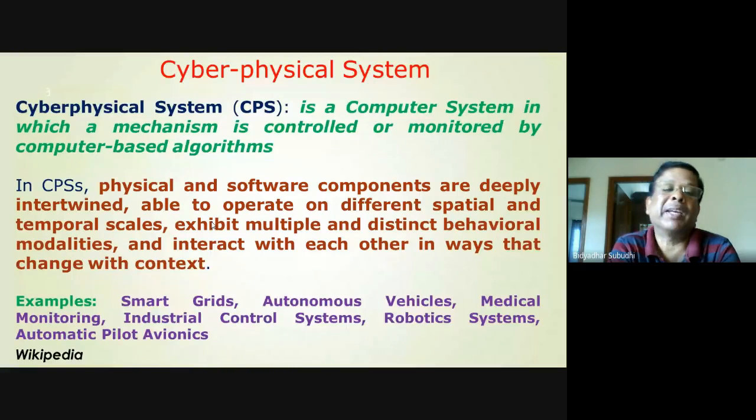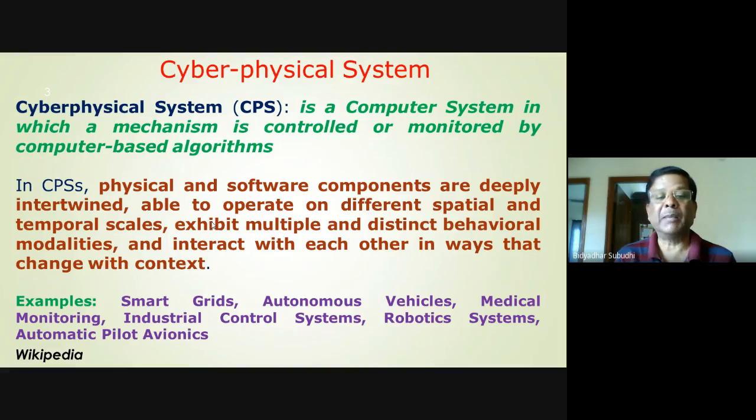Spatial and temporal means in space and time, and exhibit multiple and distinct behavioral modalities and interact with each other in a way that changes with the context. That means depending upon the situation, you control a physical system by employing computer-based algorithms in time and space by interaction with the environment.